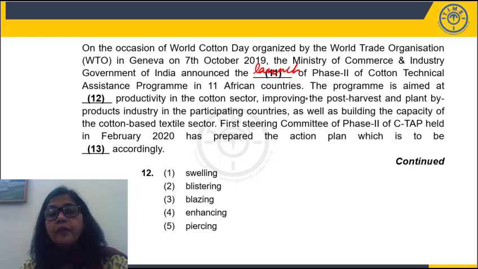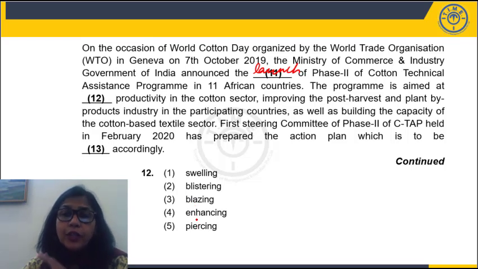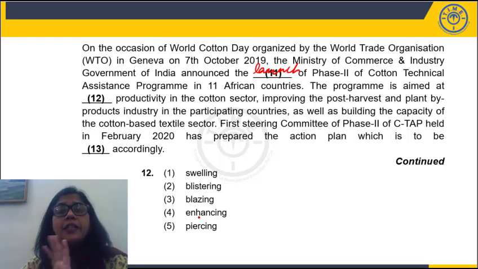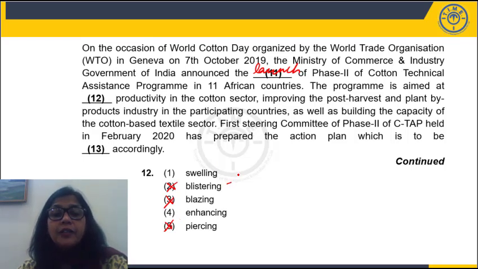Now the 12th one, the program is aimed at dash productivity in the cotton sector. Aimed at swelling, blistering, blazing, enhancing, piercing. So there are certain options that we can immediately eliminate, right? And those options would be blistering, blazing, piercing, right? Blistering is used for something that is fierce, intense.